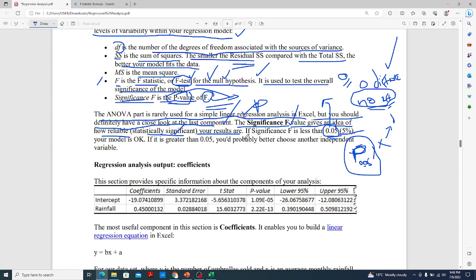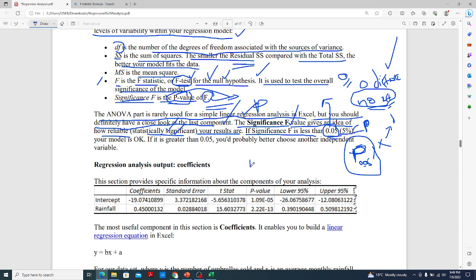So if the significance F is less than 5%, that is 0.05, which is our p-value, we are assuming that your model is statistically significant.